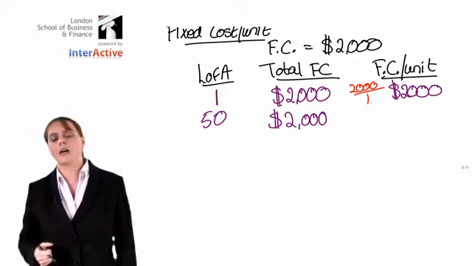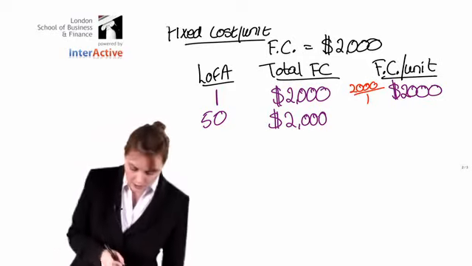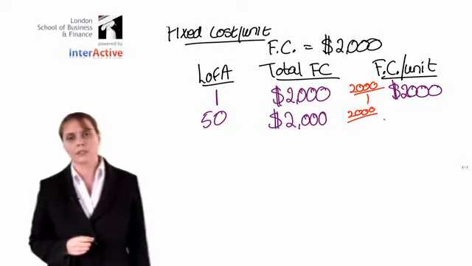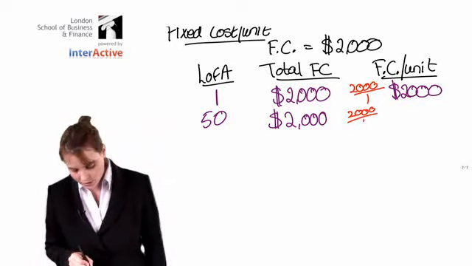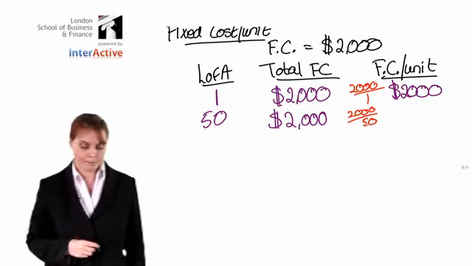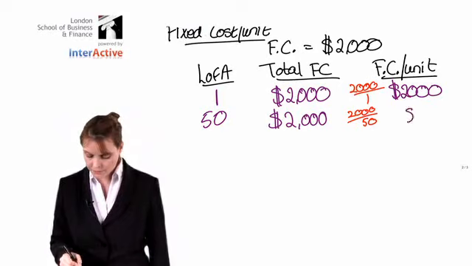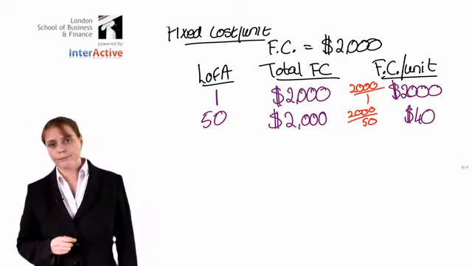But what will our fixed cost per unit be? We can calculate our fixed cost per unit again as our total fixed costs divided by the number of units we've produced. And this time our level of activity is 50. So now our fixed cost per unit is $40.